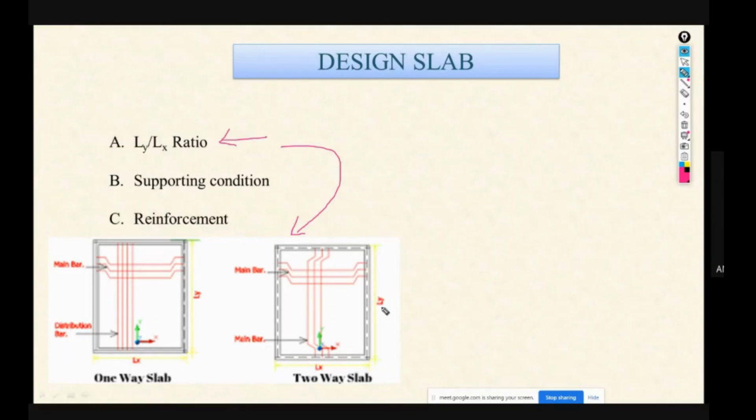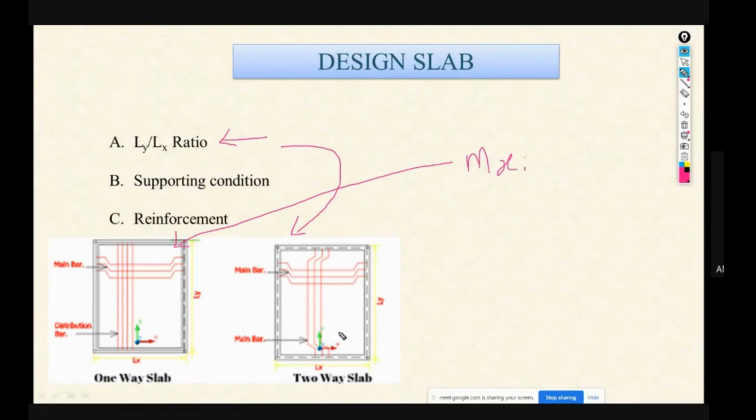So in one way slab we are providing main reinforcement along the shorter span, and in two way slab we are providing the main reinforcement in both directions, along both spans. From the design point of view, while calculating the reinforcement for the one way slab we require the moment only in one direction, either X or Y, maybe sign conventions are different for your design.